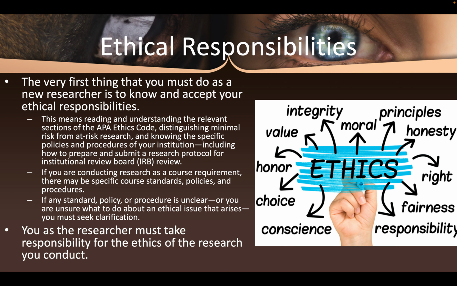This means reading and understanding the relevant sections of the APA Ethics Code, distinguishing minimal risk from at-risk research, and knowing the specific policies and procedures of your institution, including how to prepare and submit a research protocol for institutional review board. If you are conducting research as a course requirement, there may be specific course standards, policies, and procedures.